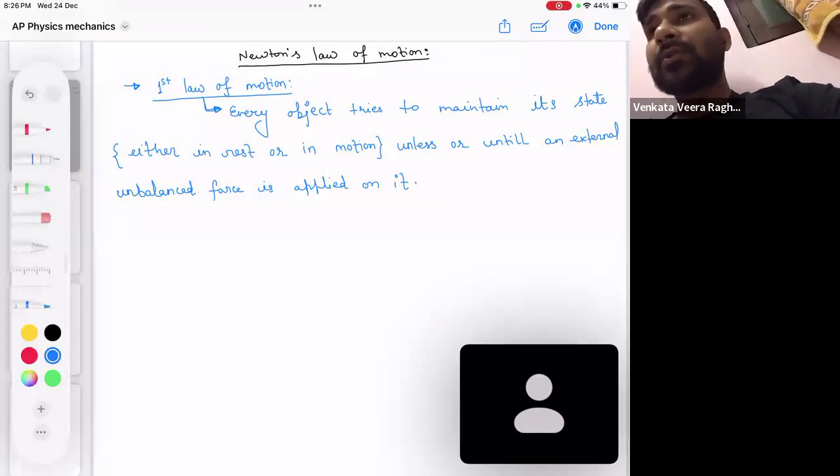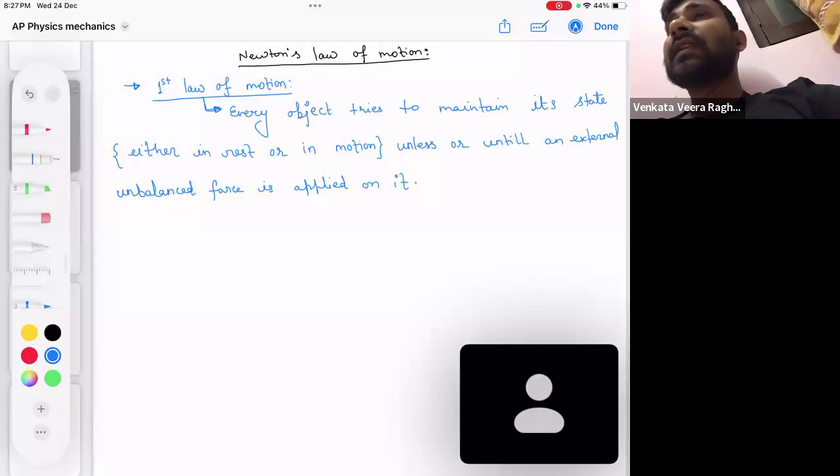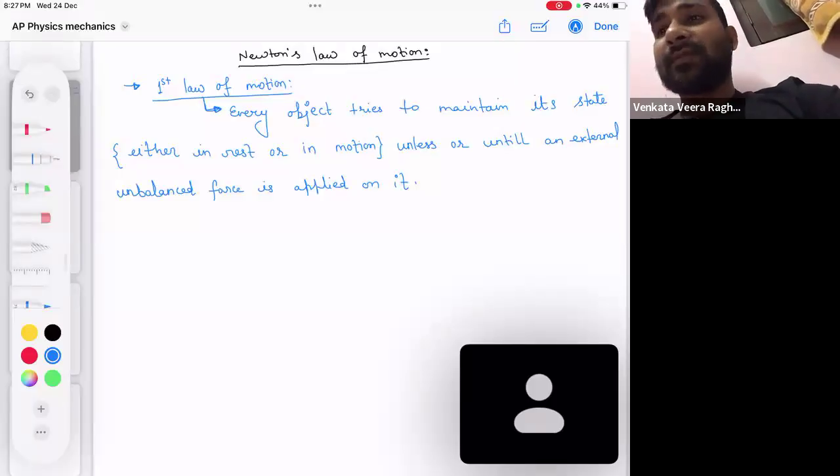Again, the question arises: is the same force needed for changing the state of every object? No. If I apply the same force, the chair can move, but will the almirah move? No. Why? Because they have different inertia.